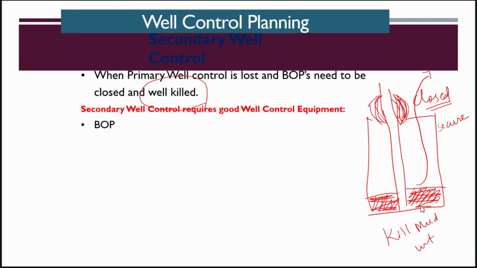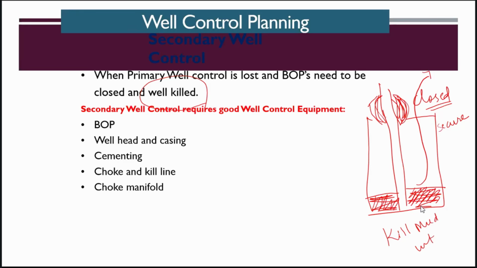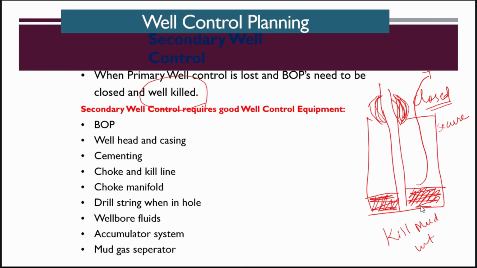Equipment used in this is your blowout preventer, wellhead, casing, cementing, choke line, kill line, choke manifold, drill string in the hole, your wellbore fluid, and there is the accumulator system and the mud gas separator. There are many pieces of equipment which work together to control the well.